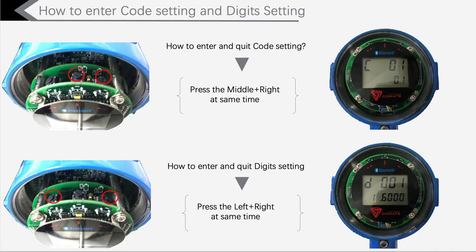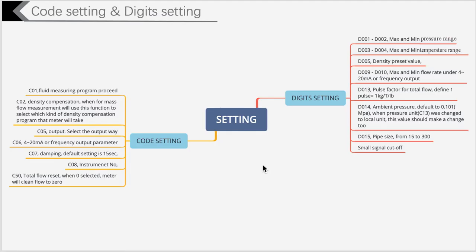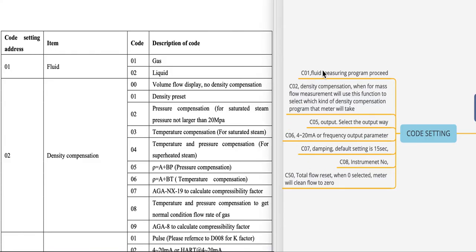Same reason for digit setting: press the left and right button at the same time to enter in, and the same operation for quit. Like I said, code setting is related to which function you want to proceed. Digit setting is about the digits range of code setting, the meaning of the function to proceed.